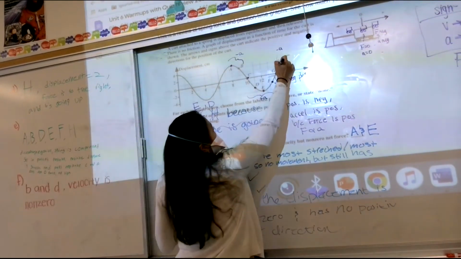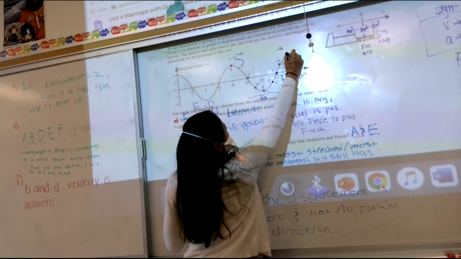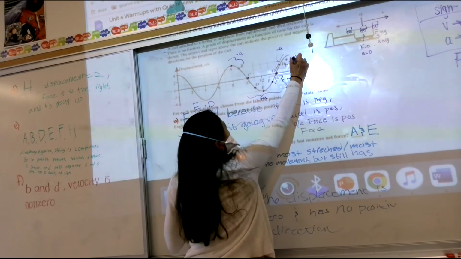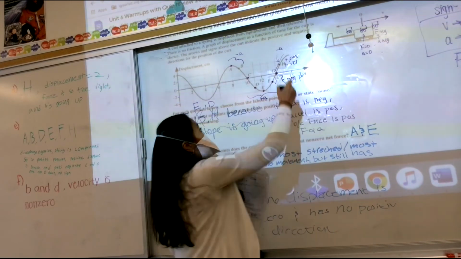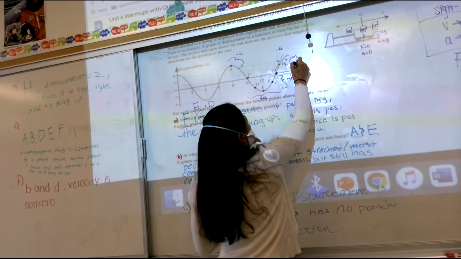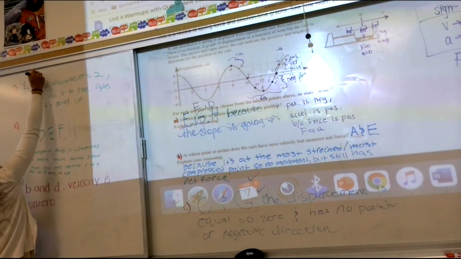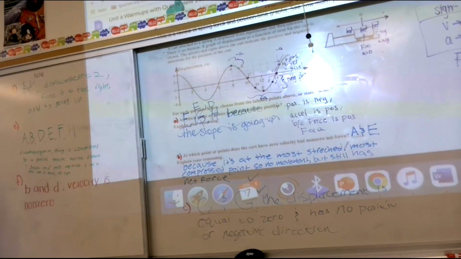H is going to have a positive position. Good. It's going to have a positive velocity, which is good. But we said that the acceleration is negative. So this is a scenario where none meet the criteria.